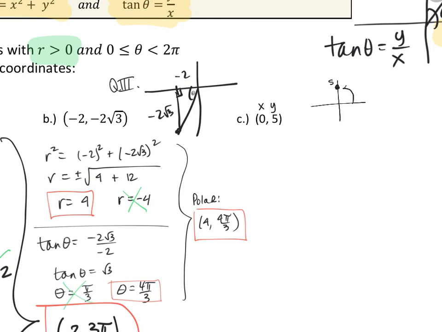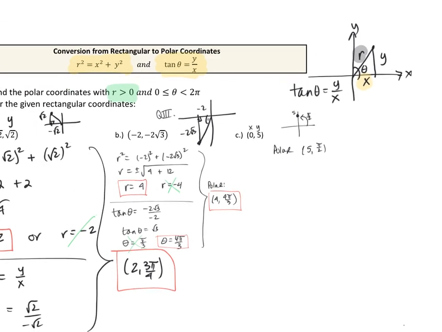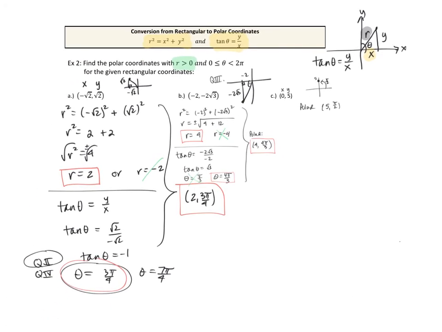Well, to get around over here in the polar system, we would come at an r of 5 and then an angle of pi over 2. Okay, so draw the pictures. It really helps. And then keep in mind these are the ways that we're going to convert, unless it's just a nice easy point on one of those x or y axes, and then we don't have to do all the calculations.